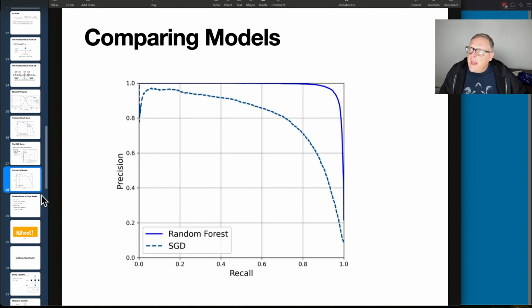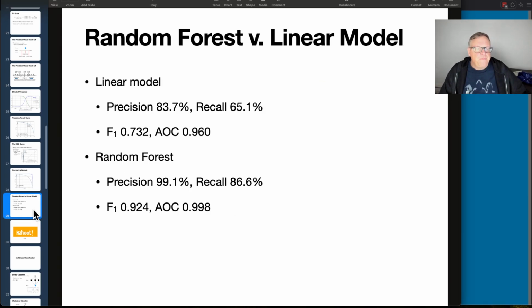So as I've been saying all along, the model we're using here is not a very good model. It is not getting the most out of that data. And you can see that here. A more intelligent model could do better. So here's a random forest versus a linear model. Right now we have a linear model here, and here's the random forest that does much better. Your precision gets up to 99%, recall up to 87%.